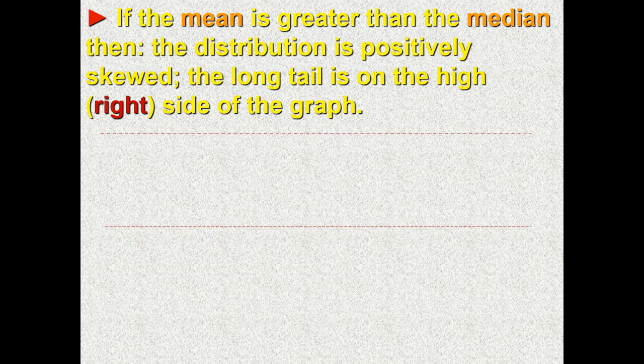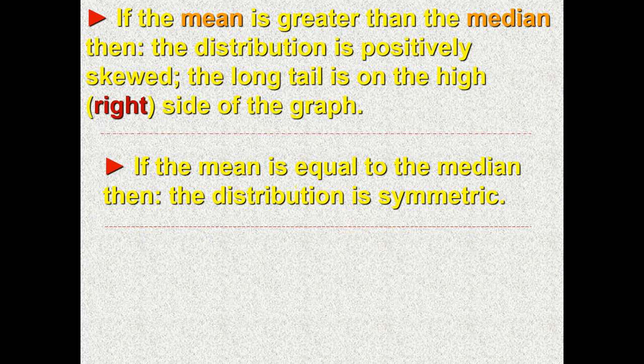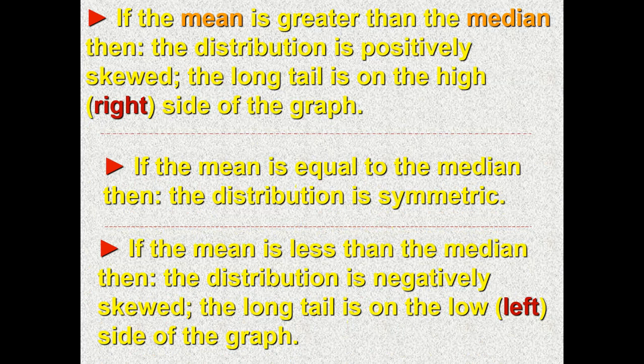The long tail is on the right side of the graph. If the mean is equal to the median, then the distribution is symmetric. If the mean is less than the median, then the distribution is negatively skewed. The long tail is on the left side of the graph.